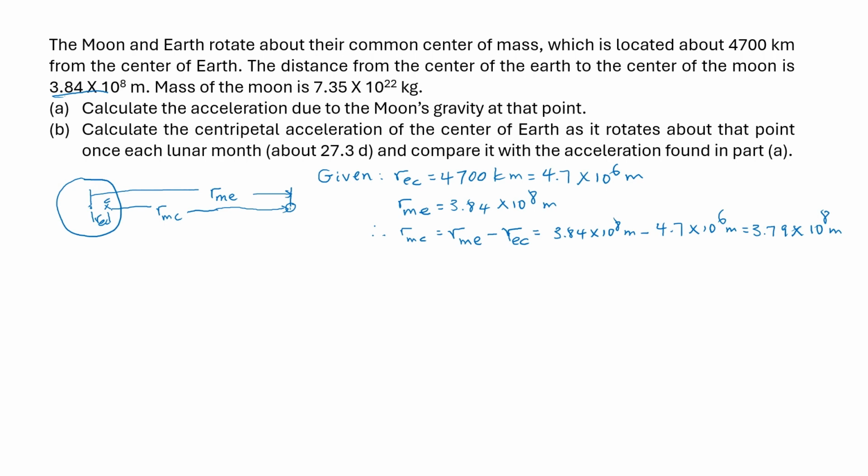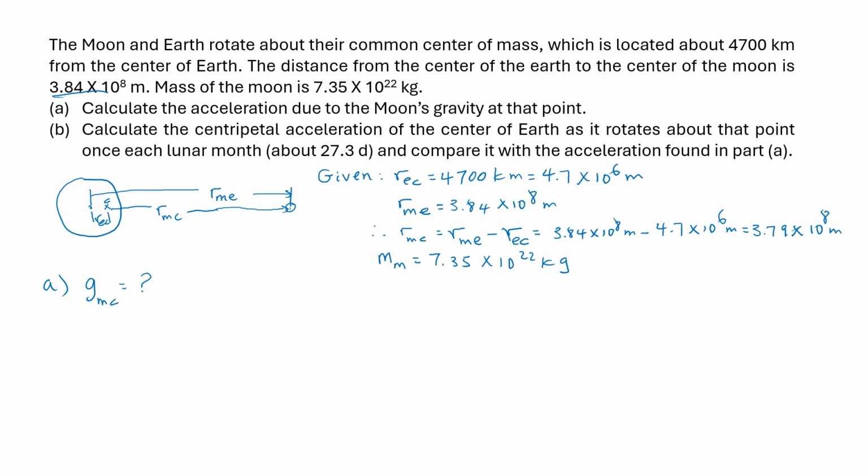What else do we know? We know the mass of the Moon. The mass of the Moon is 7.35 times 10 to the power of 22 kilograms. So what is part A asking? Calculate the acceleration due to the Moon's gravity at that point. So we are asked to find the gravitational acceleration of the Moon at the common point.